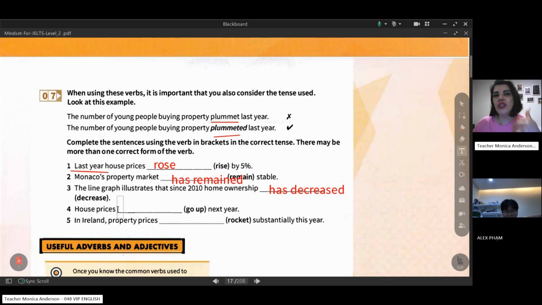So be going to here is better. When you say will, there is no data to prove it. But here we have some evidence that helps us to predict. So are going to go up. And in Ireland, property prices this year, the whole year.